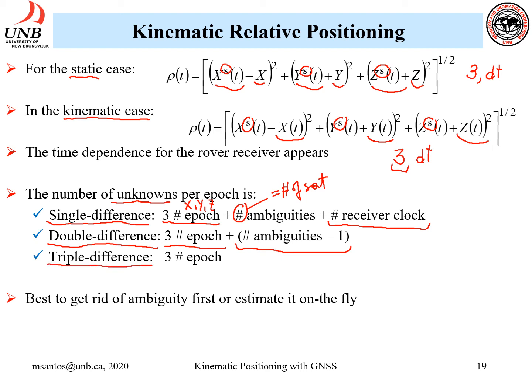If we do a triple difference, we have only the x, y, z coordinates. The ambiguities are eliminated. So, which means we have to think about the ambiguities in here. If we can solve for the ambiguities as real numbers, we get a better solution.